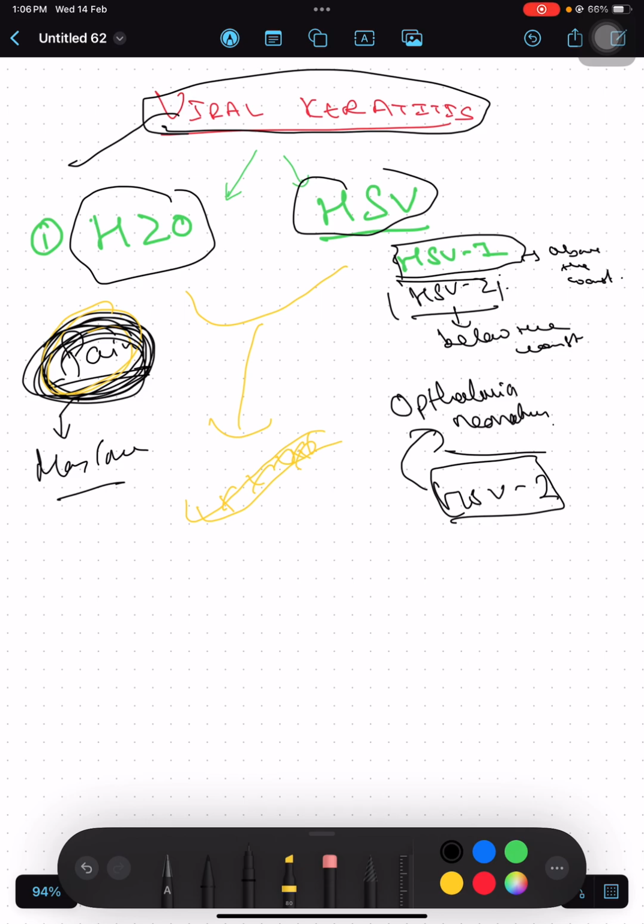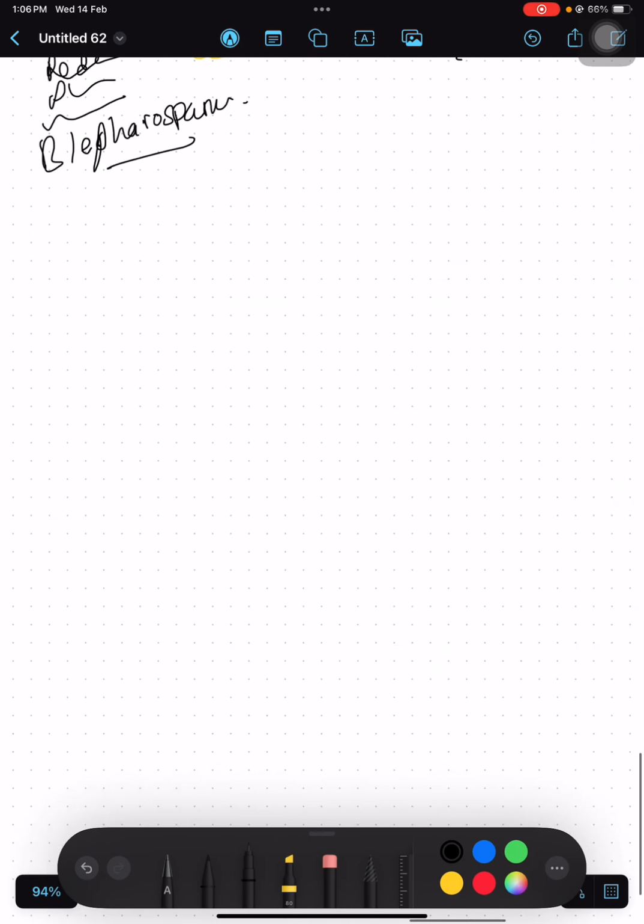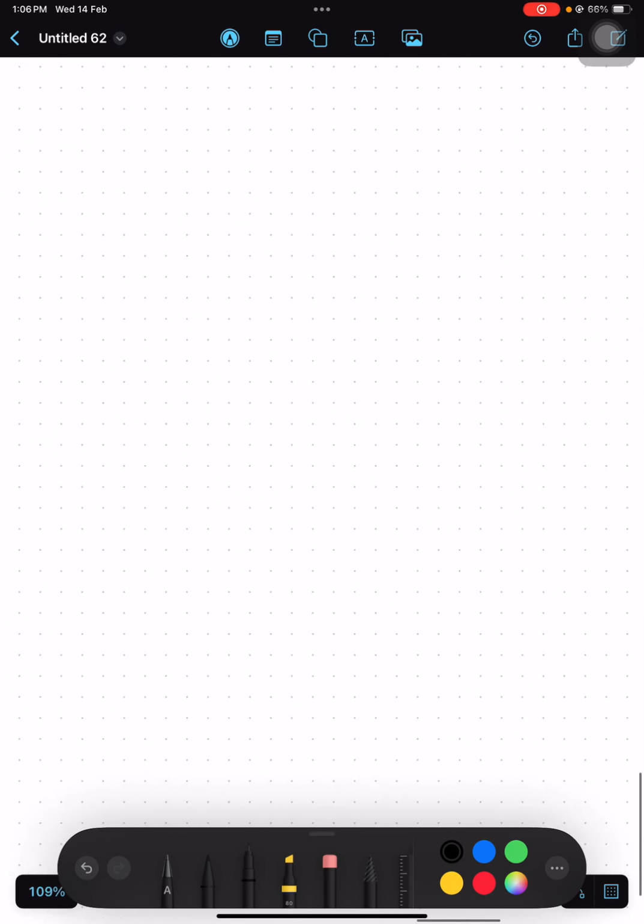But there might be other things like redness, photophobia, blepharospasm, blurring of vision, etc. The major thing that you need to write here is about the signs, which is very difficult.